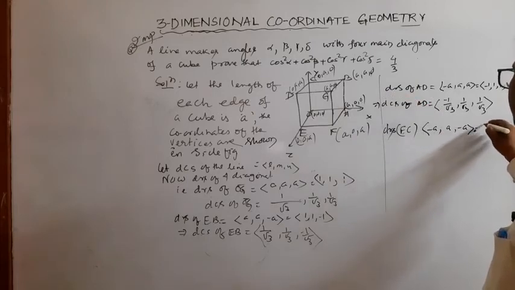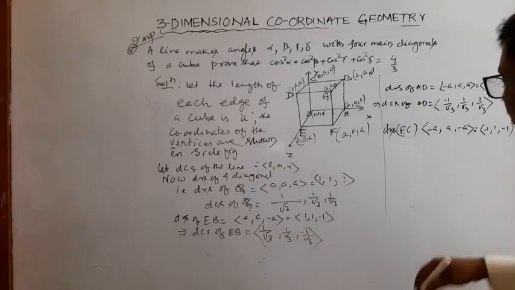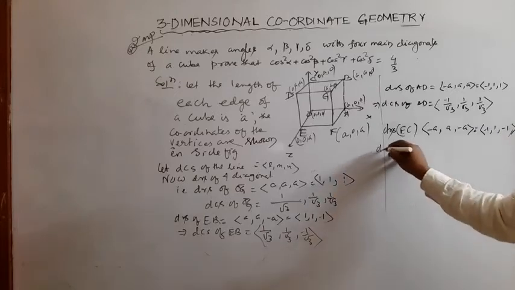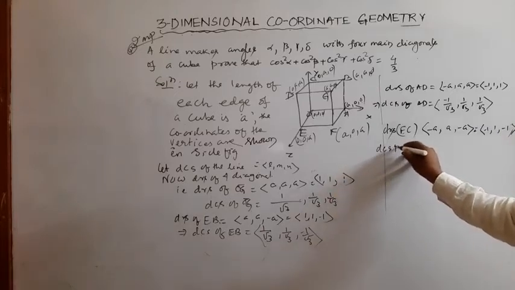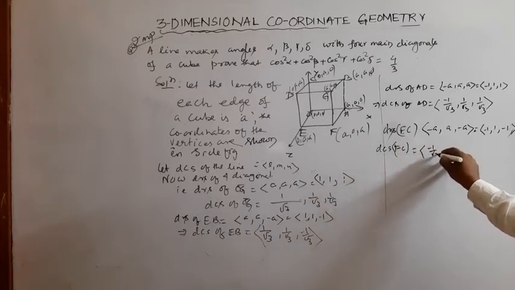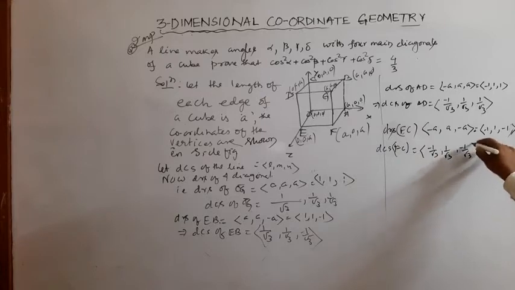So minus 1, 1, minus 1. Okay, so DCs of FC is minus 1 by root 3, 1 by root 3, minus 1 by root 3.